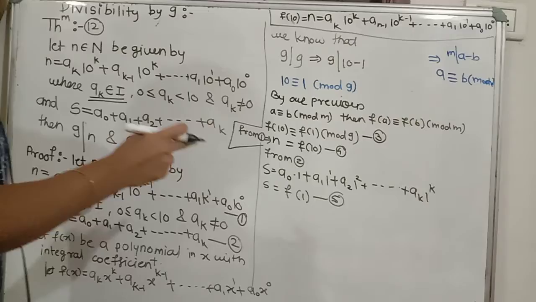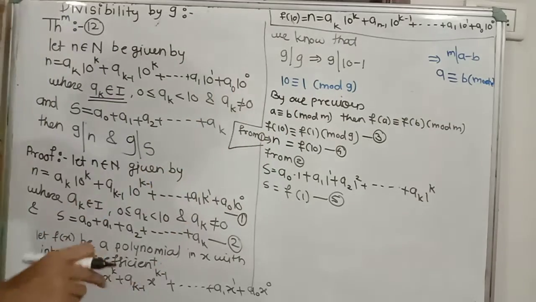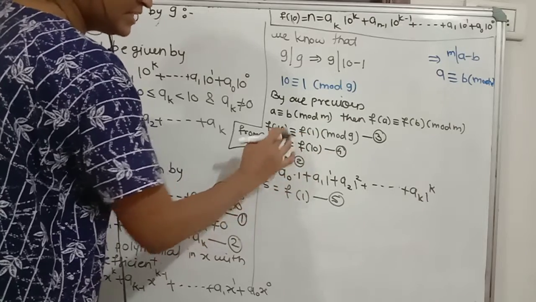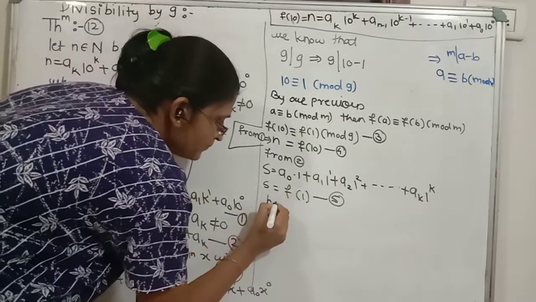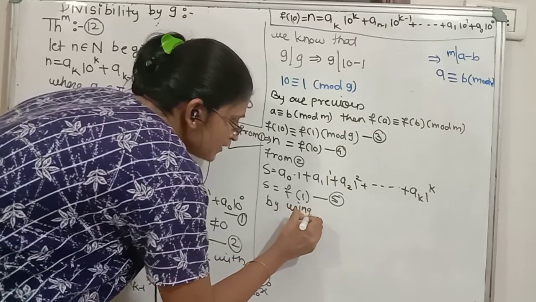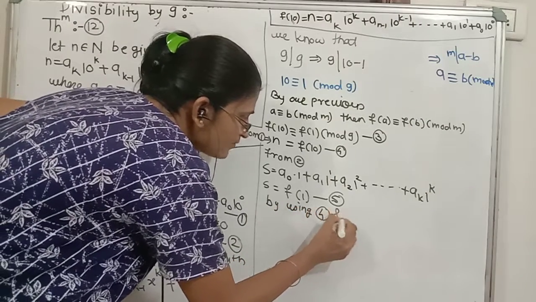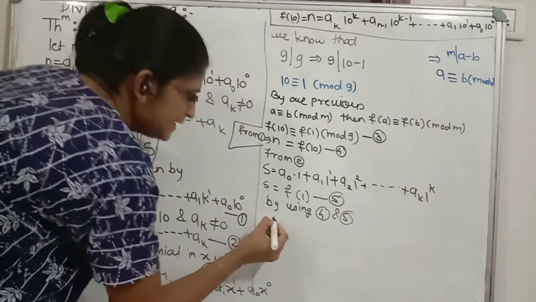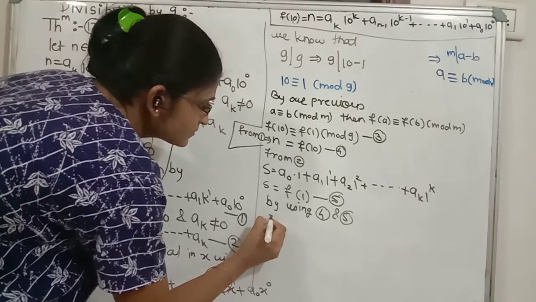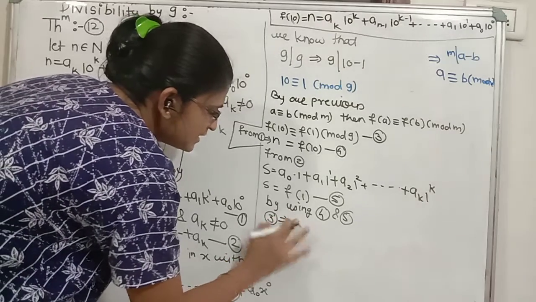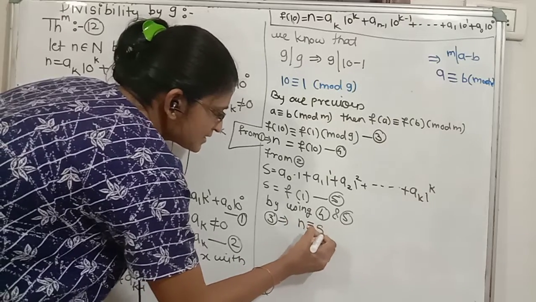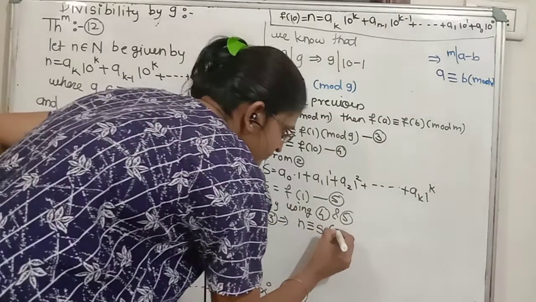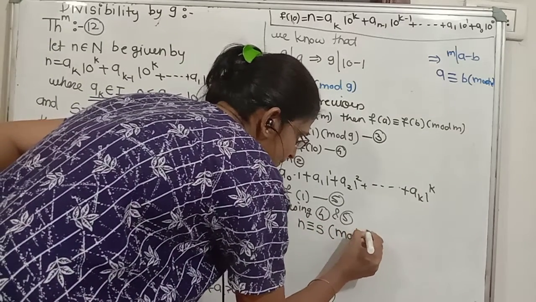Now we observe from 3, 4 and 5 that f of 10 is congruent to f of 1. But the value of f of 10 is n, so by using 4 and 5, equation 3 implies n is congruent to s with mod 9.